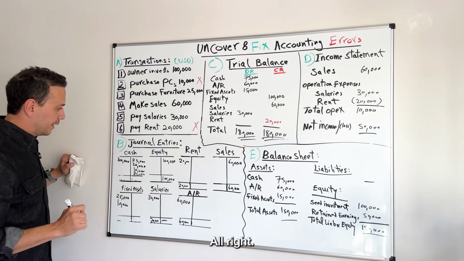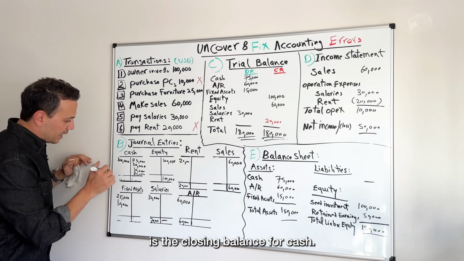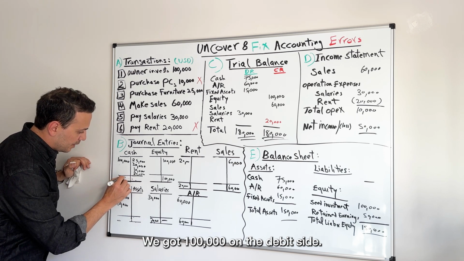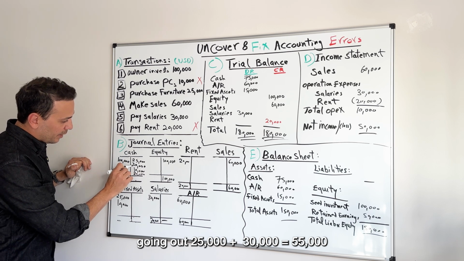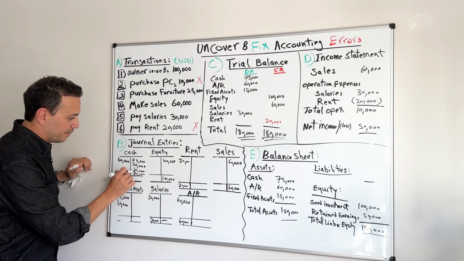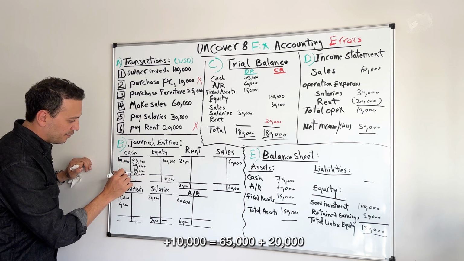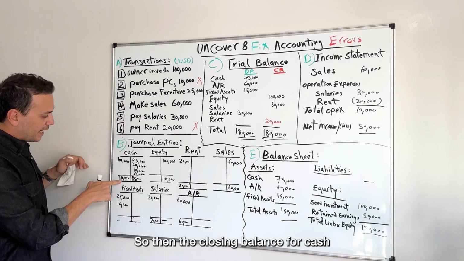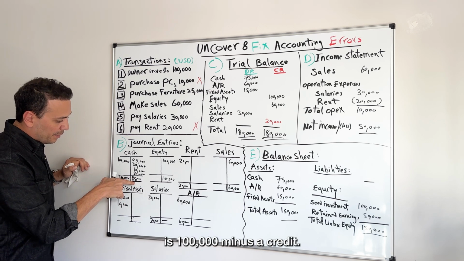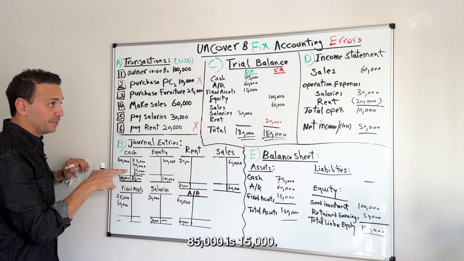All right, so what do we have here as a closing balance for cash? We have $100,000 on the debit side, and we have cash going out: 25 plus 30, that's 55, plus 10, 65, plus 20, that's 85. So the closing balance for cash is 100,000 minus a credit of 85,000, that's 15,000.